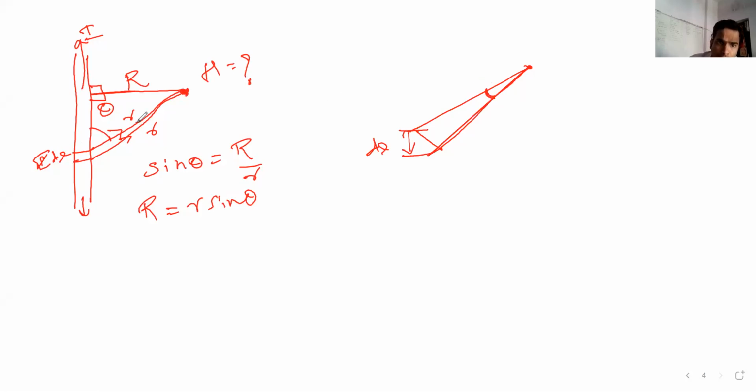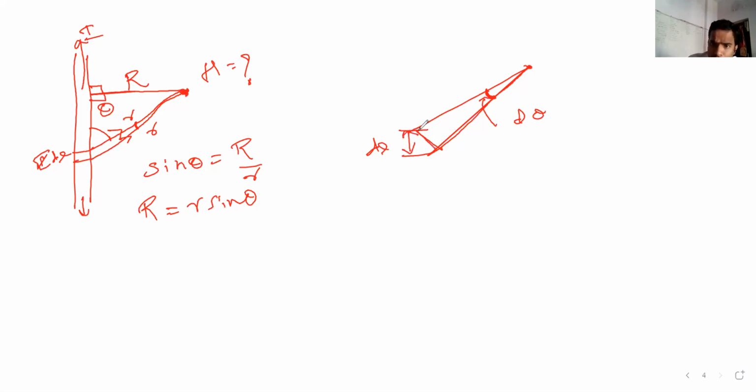This angle will become d theta. Why? Because if this entire thing is theta, and dl is infinitesimally small, it will subtend a very small angle d theta, and this is of length dl.